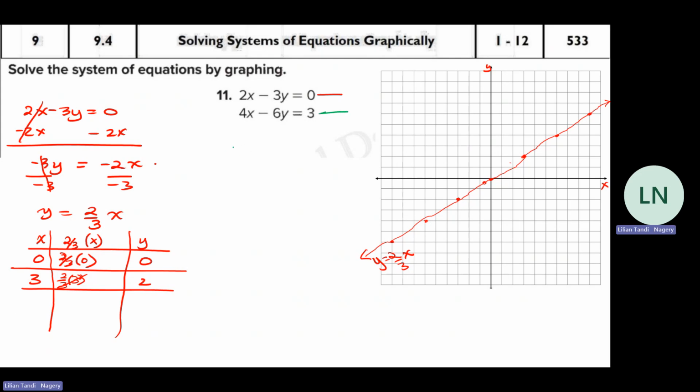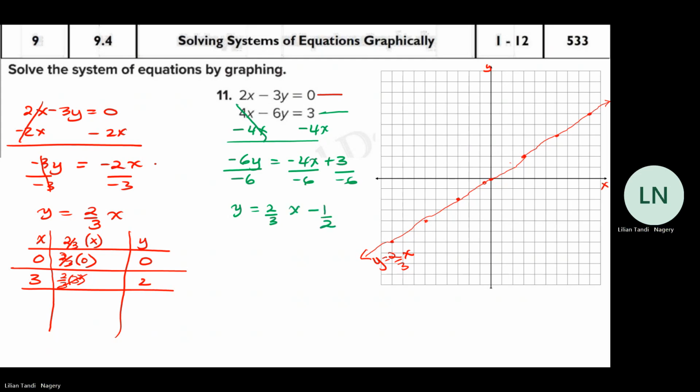Let's subtract 4x on both sides. So you have negative 6y equals negative 4x plus 3. Divide negative 6 on all your terms. So you should have y equals 2/3 x minus half.